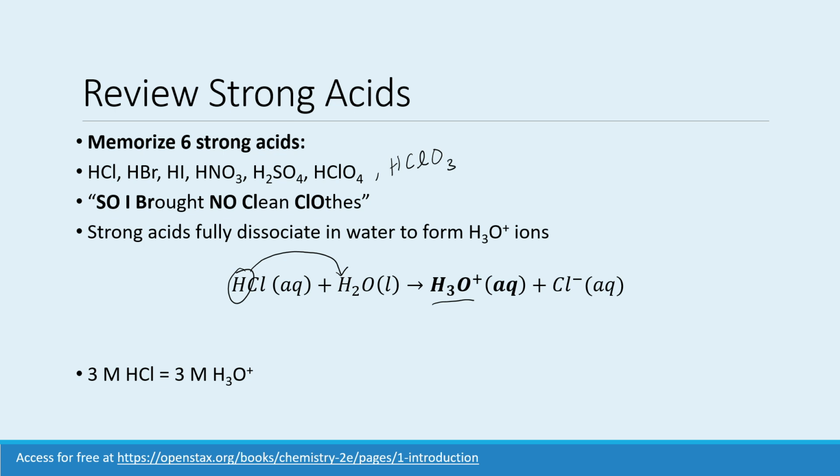So all of your hydrochloric acid, let's say you had 3 moles of your hydrochloric acid, that is going to fully dissociate to give you 3 moles of your hydronium ion. Okay, so when we say that we have a 3 molar hydrochloric acid, we are essentially saying that we have a concentration of 3 molar of your hydronium ion. Okay, so those are interchangeable as long as we're dealing with a strong acid.